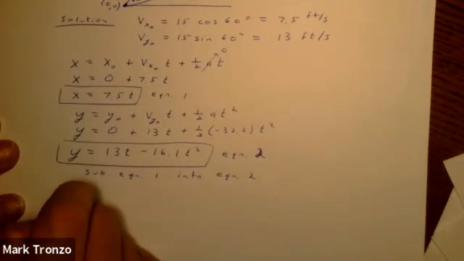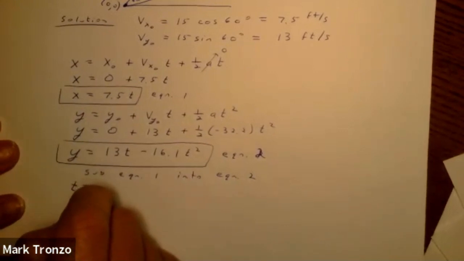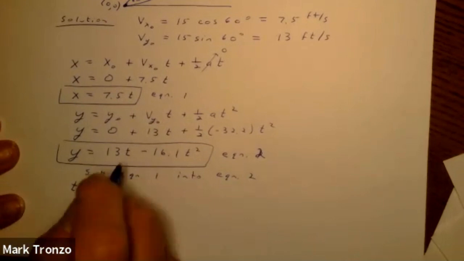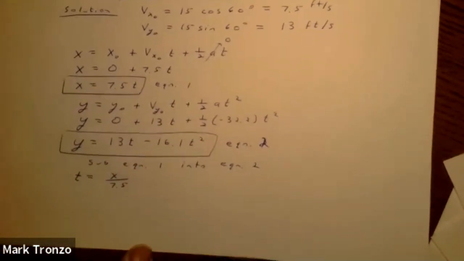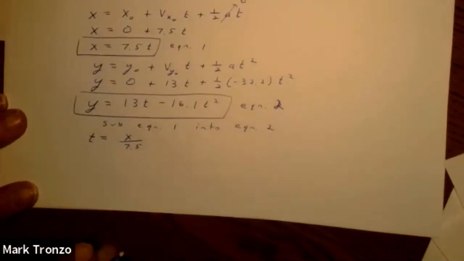Equation 1 is t equals x over 7.5. So solve that, and then put it into equation 2.